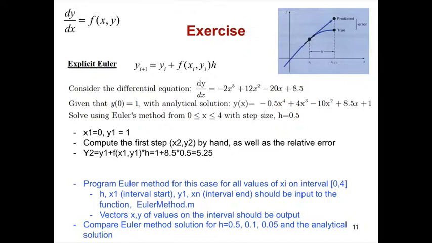For h equal to 0.5, I would simply start from x1, y1, as y of 0 is 1, so 0 and 1. To get the next value, y2 is y1 plus f of x1, y1 times h. When I do that, it's 5.25, and I think we computed last time that the actual value is 3.21. So I'm pretty much off because my step size is rather large.